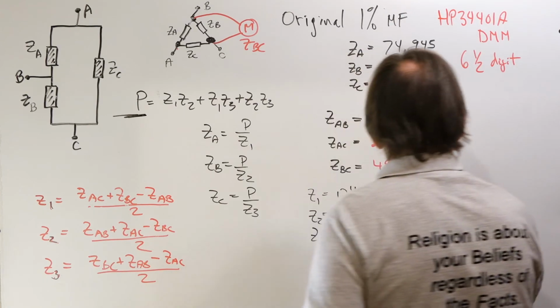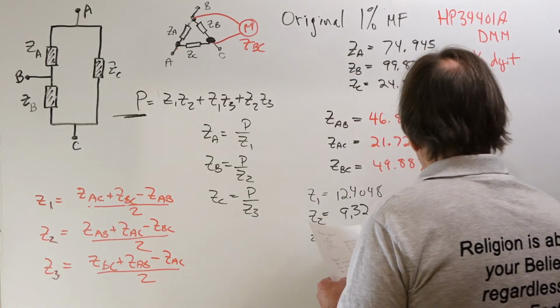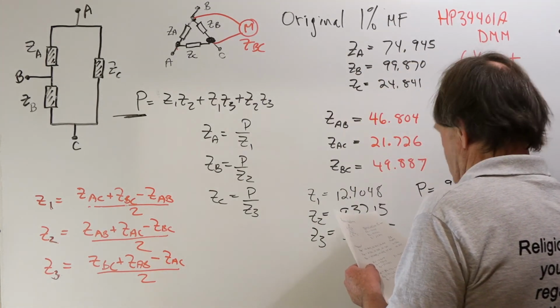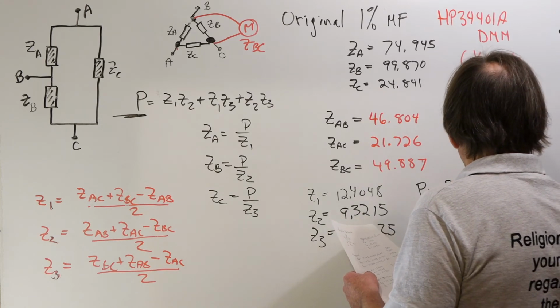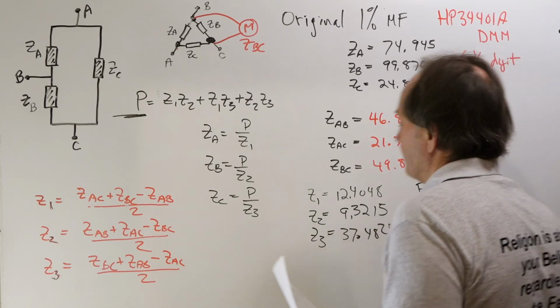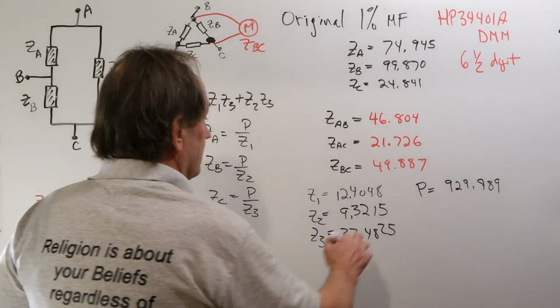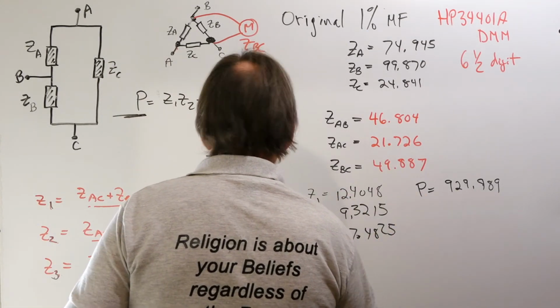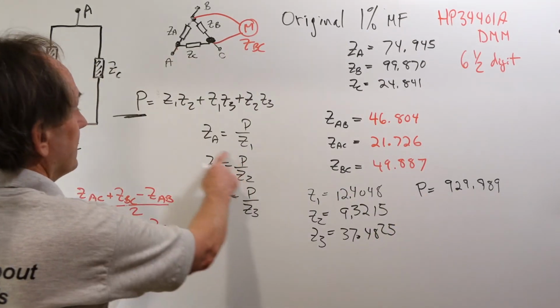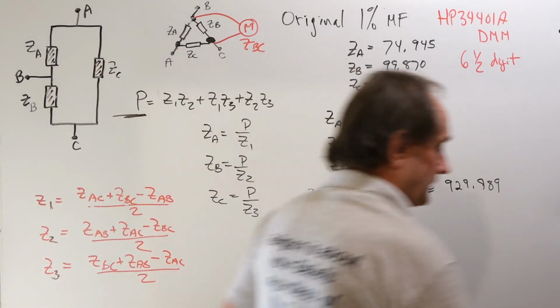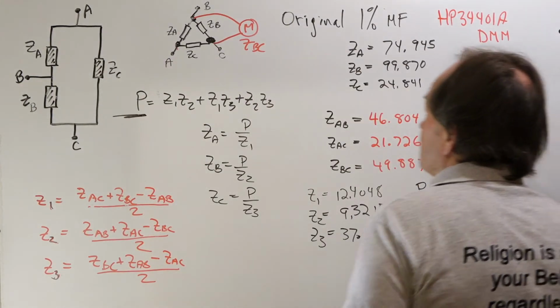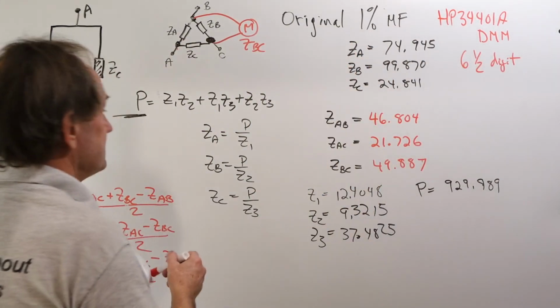P came out to 929.989. Now, with P and Z1, Z2, Z3, we can compute the values of the individual resistors, ZA, ZB, ZC.